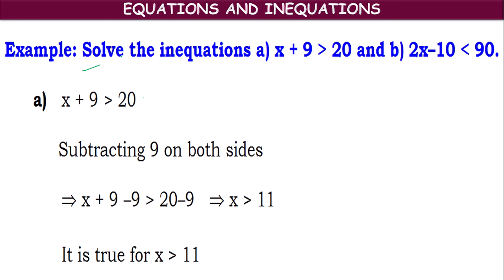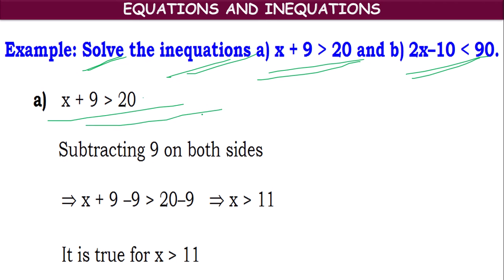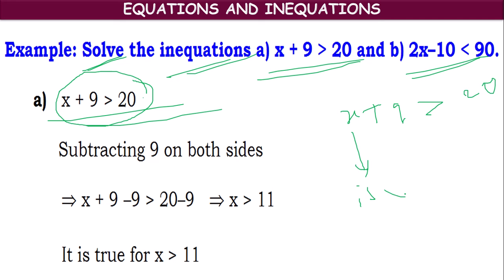Next one, solve the inequations x plus 9 greater than 20 or 2x minus 9 less than 20. So x plus 9 greater than 20. The same number we can subtract on both sides, because for finding x we want to isolate x.